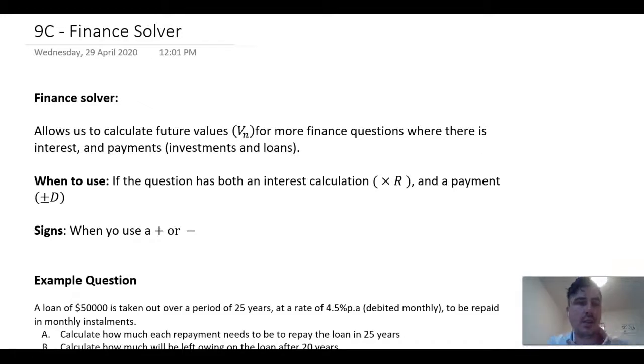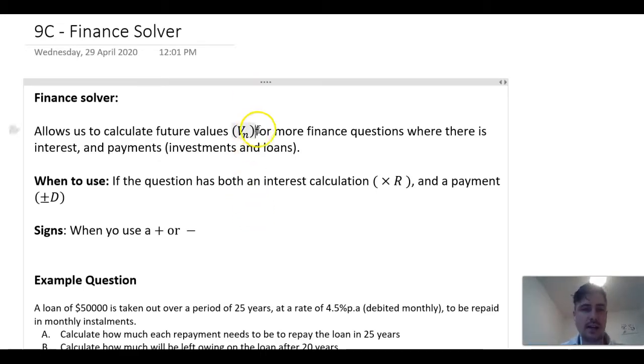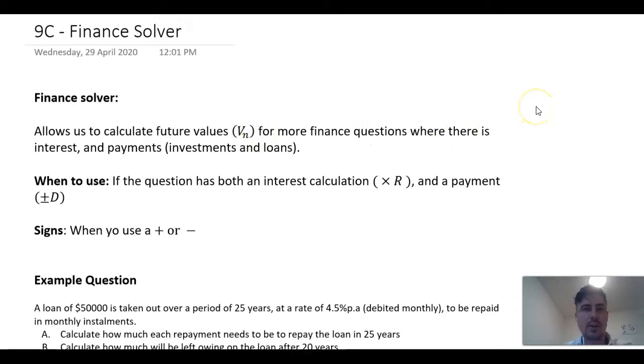In this section we're going to look at a thing called Finance Solver, which is going to make our life a lot easier for calculating future values for questions where there's more than one operation going on in each term in a sequence. So for example, we've looked previously at sequences where you have a term being multiplied by something and then adding or subtracting something else.